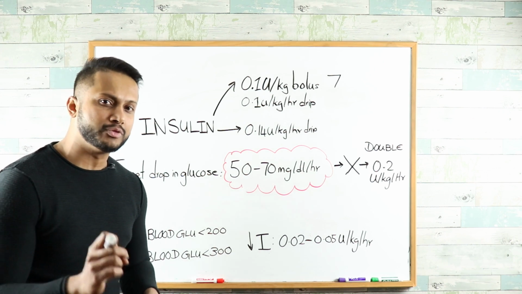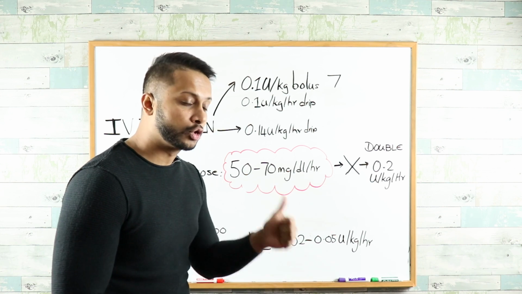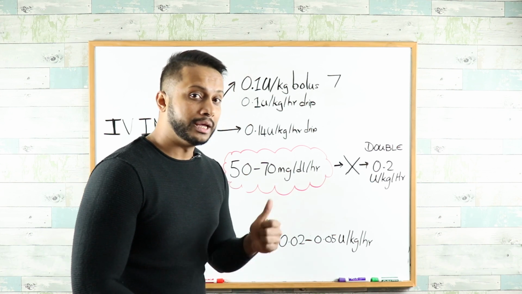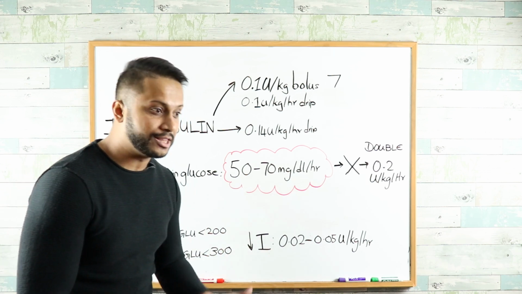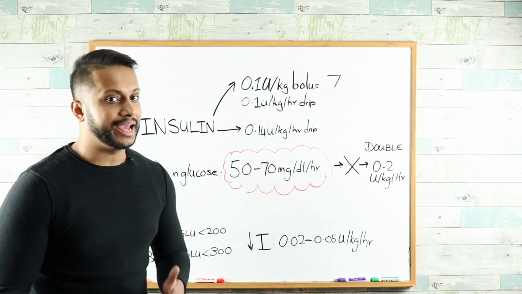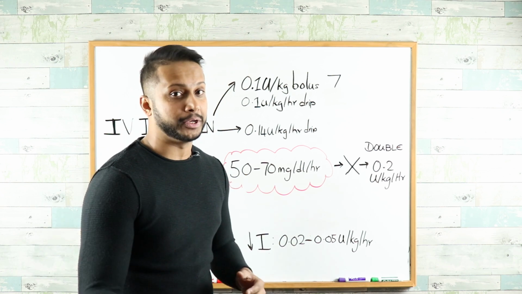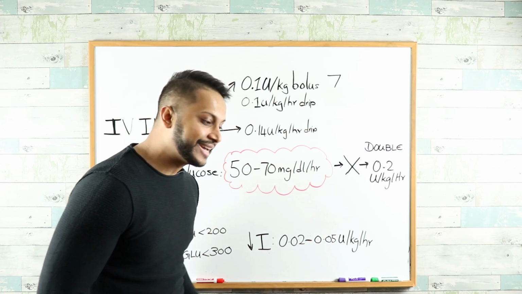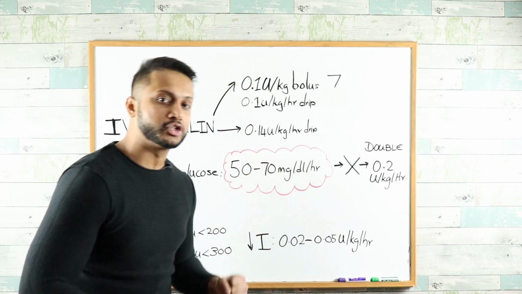Again, as I reminded you before, the target we are trying to reach in a patient with DKA is closure of anion gap, improvement in bicarbonate level, improvement in pH, and the patient is able to eat. Whereas in the HHS patient, it was improvement in serum osmolality and the patient is able to eat. So until I get to my target, I still need to continue my insulin drip.